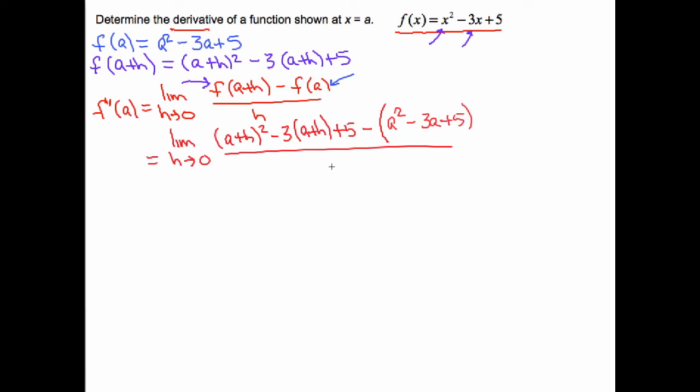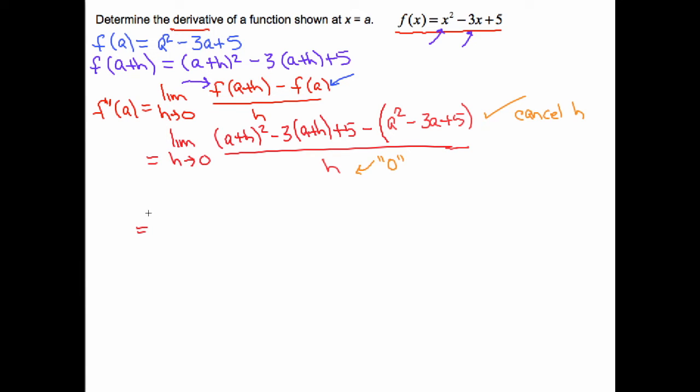over h. Now I want to evaluate the limit, which means I want to substitute in for h a 0. And for the moment, I ask myself, can I do that? And the answer is no, I can't. So I'm going to multiply out all these terms, see if I can combine them, because I'm looking to cancel the h out of the denominator.